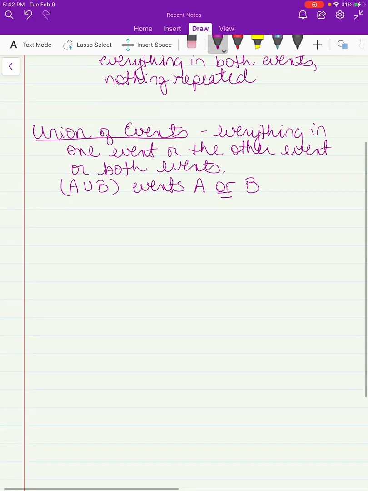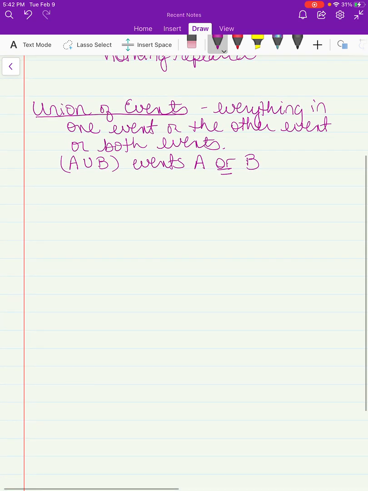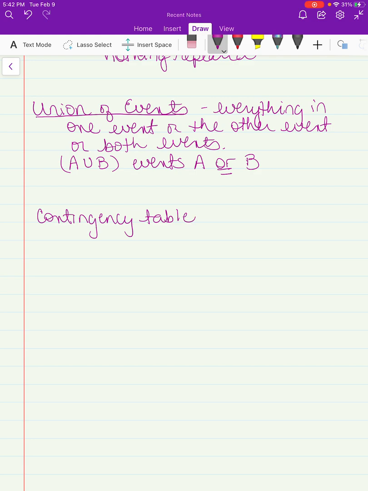So I'm going to show you some of the different ways that data can be given to you. And we'll talk about where the intersection is and where the union is. The first thing I want to look at is a contingency table. So this is one way to display data.